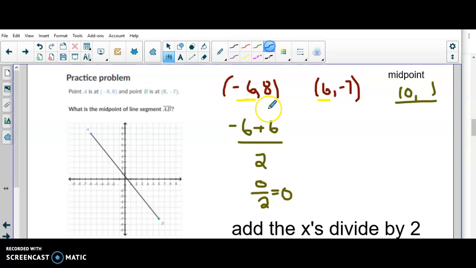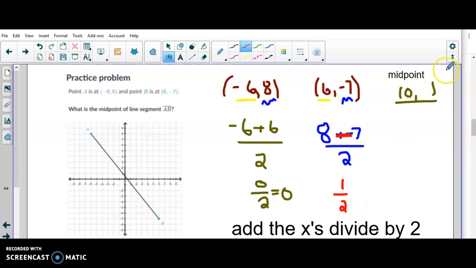Now we do the same thing with our y-coordinates. We have 8 and we have -7. So we do the same thing. We have 8 plus a -7, divide that by 2. 8 plus -7, that negative takes over. 8 minus 7 is going to give us 1 over 2.